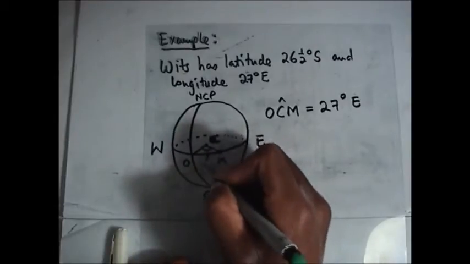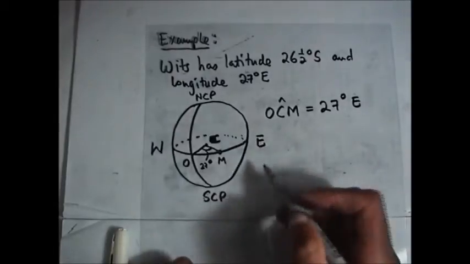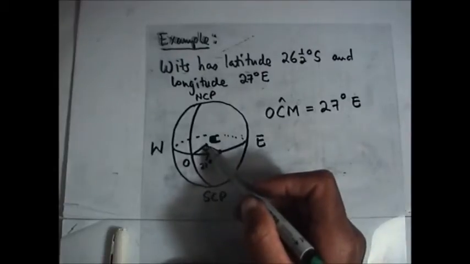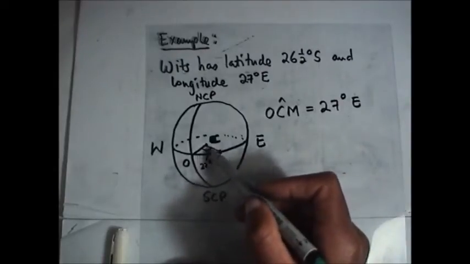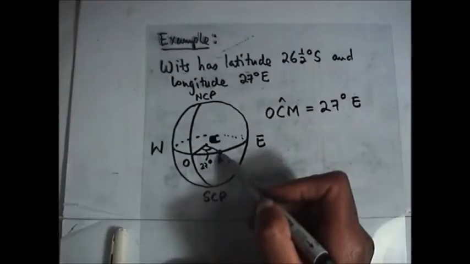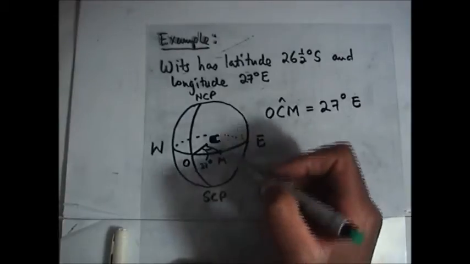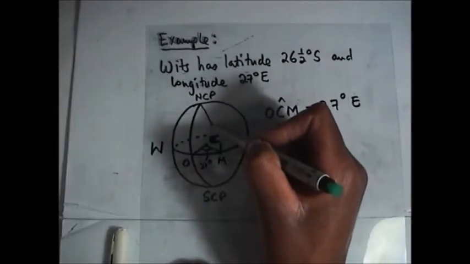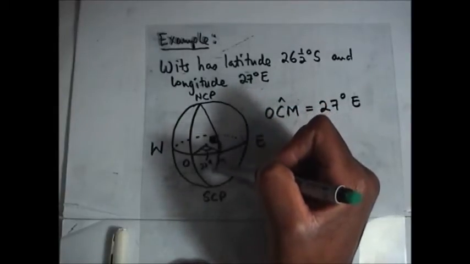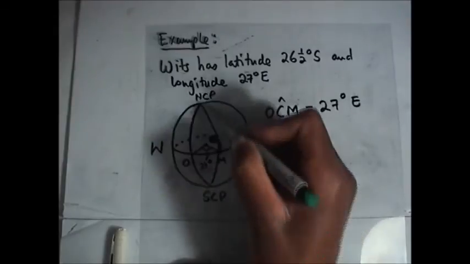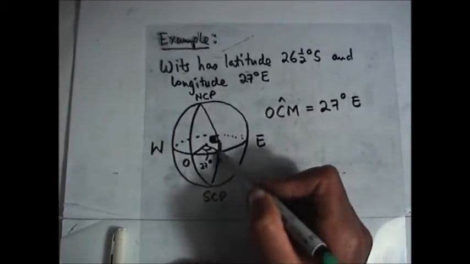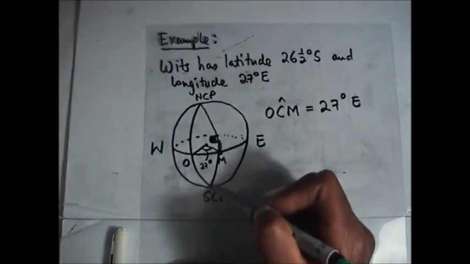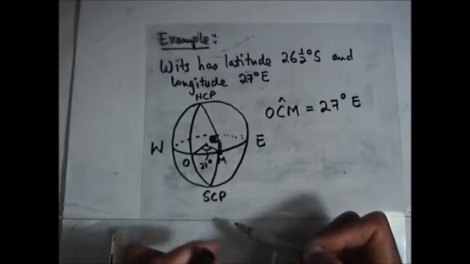Now I know where my meridian is going to cut, so I can draw it in. This is the meridian of Wits, and it cuts through M. So I just drew a great circle that passes through point M, going to the south celestial pole like that.